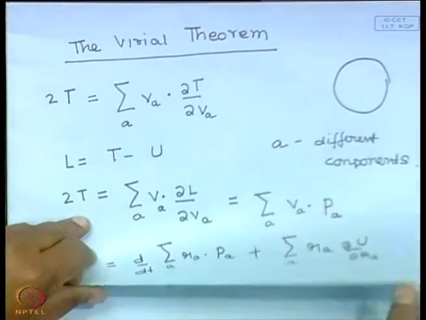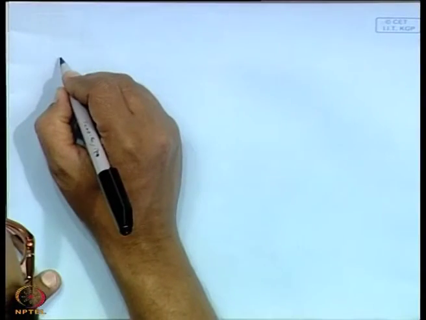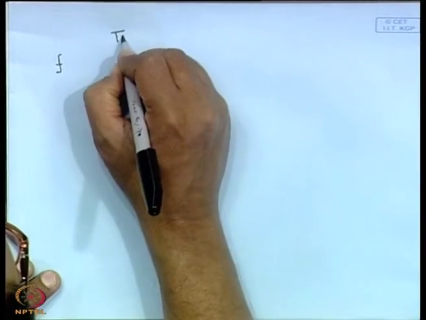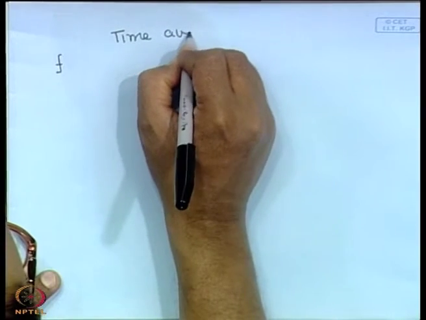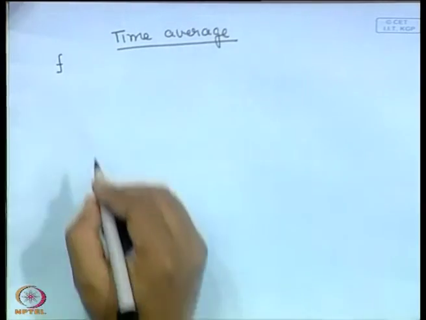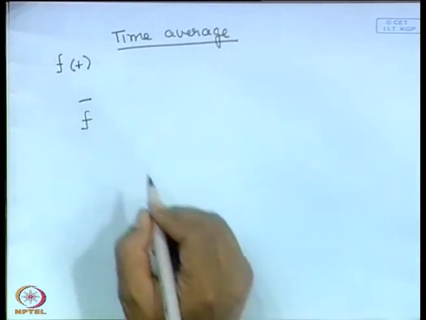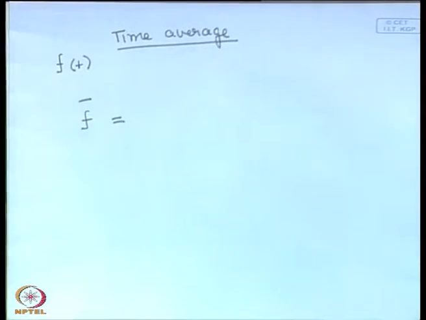Now, the virial theorem tells us something about the time average of these quantities. So, let me define what we mean by the time average. If there is some quantity f which varies with time, its average f bar is defined as follows.